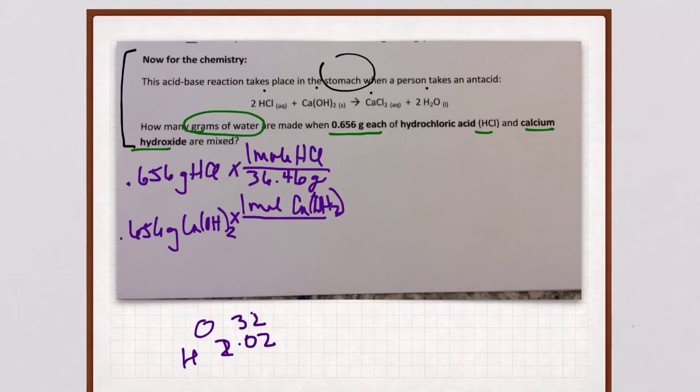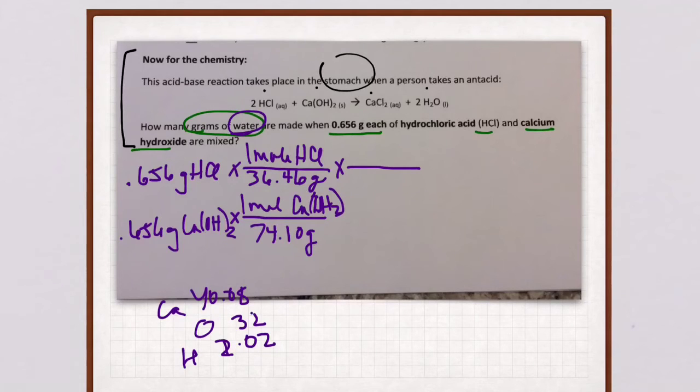And then calcium is 40.08. If you do all that together, you get 74.10 grams. All right, so now we've converted our grams into moles, but now we need to get moles of water because that's what we're trying to get to.